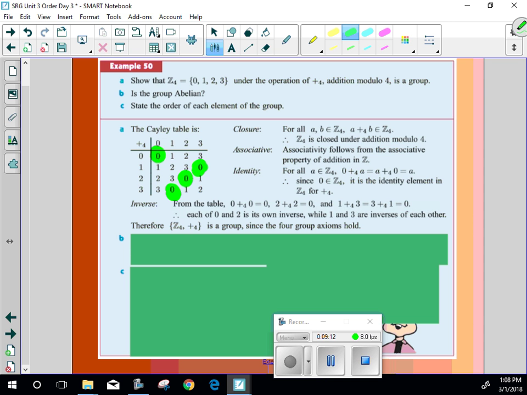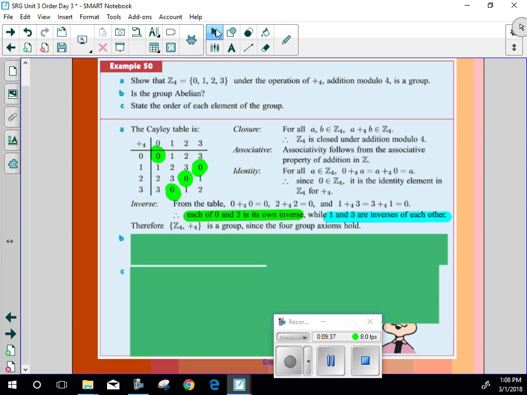So 2 and 0 are their own inverse. And 1 and 3, what are 1 and 3? Yeah.